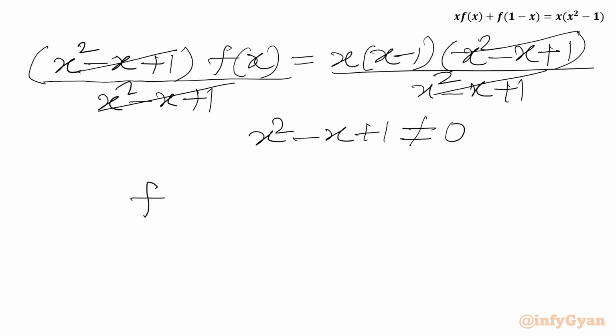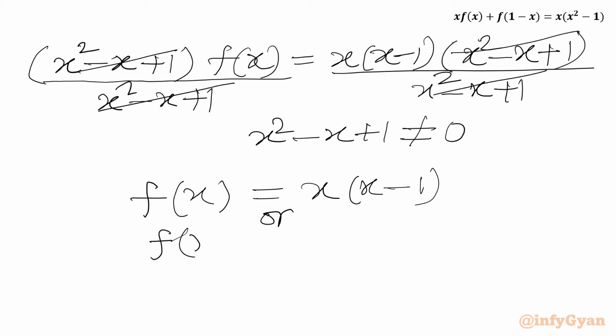We will collect our final answer. f(x) will be equal to x times (x minus 1). Or we can write f(x) will be equal to x square minus x. Here x belongs to real numbers.